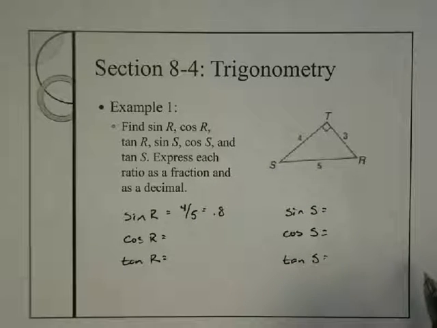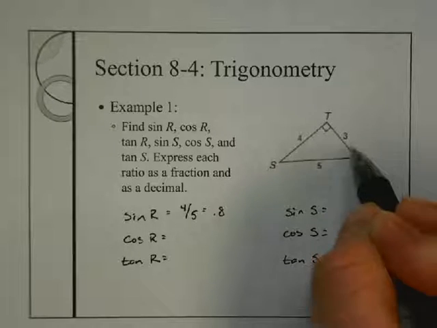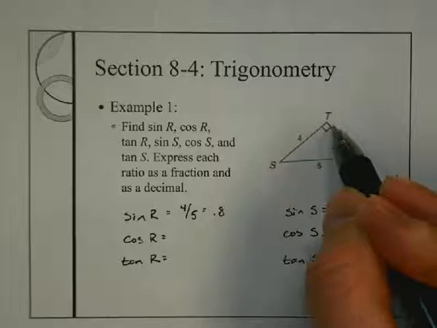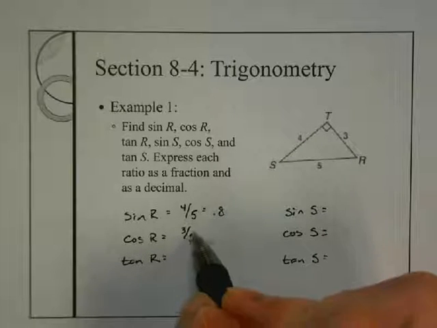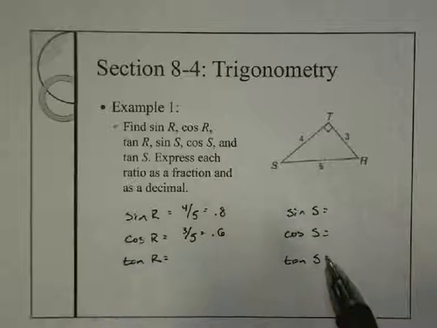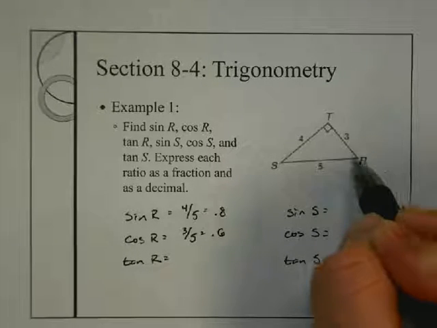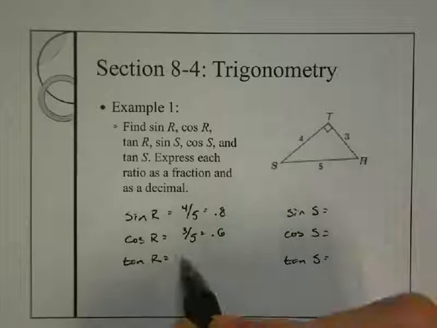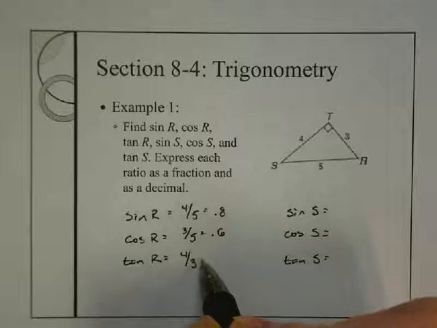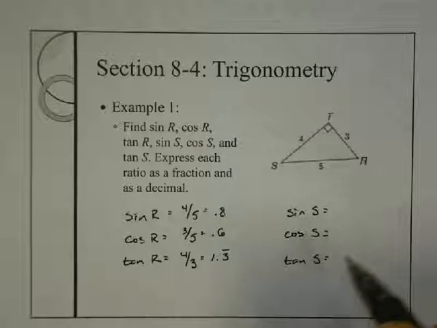So for cosine R, cosine is adjacent over hypotenuse, so 3 is the adjacent, it's this leg next to R, 5 still the hypotenuse, 3/5, which is 0.6. Tangent R, tangent is opposite over adjacent, so 4 is still the opposite, 3 is the adjacent, so 4/3, that's 1.3, repeating.